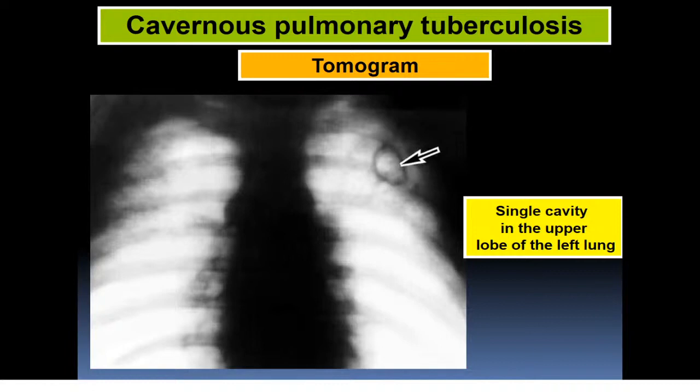On tomogram, in this person we can see a ring shadow also. This is a single cavity in the upper lobe of the left lung. Changes around the cavern are absent. Infiltration absent.